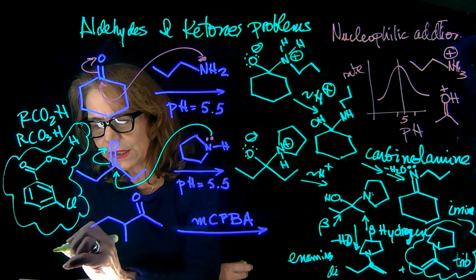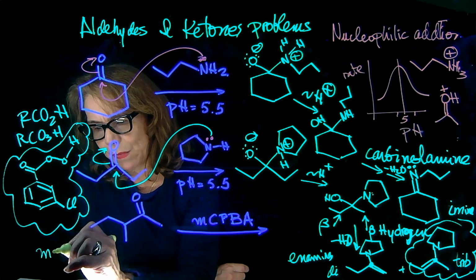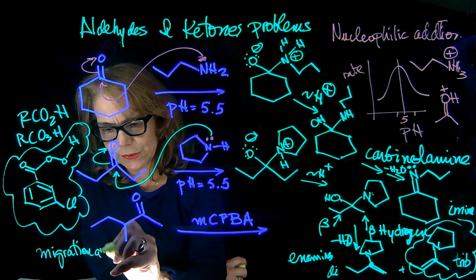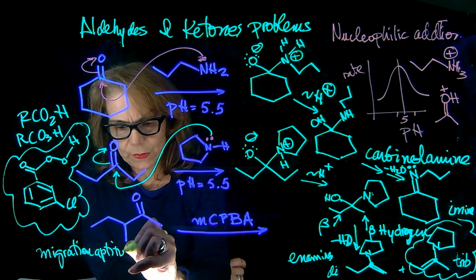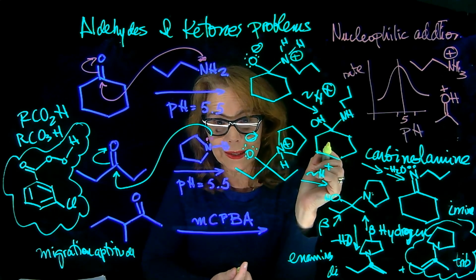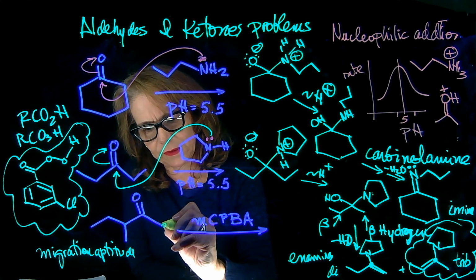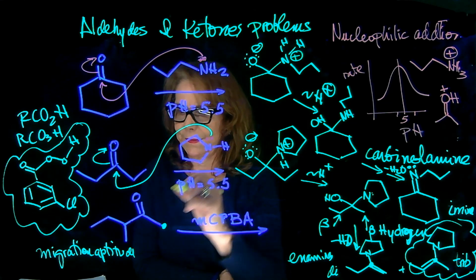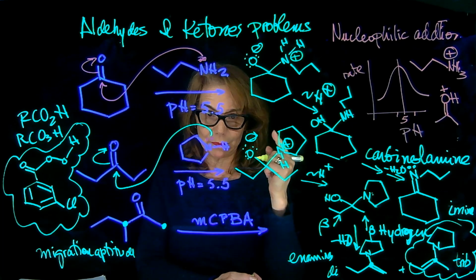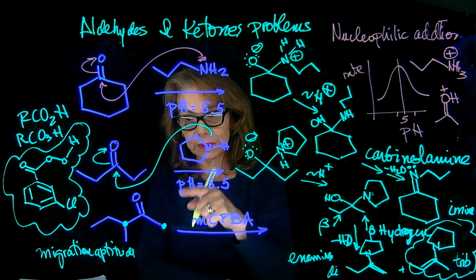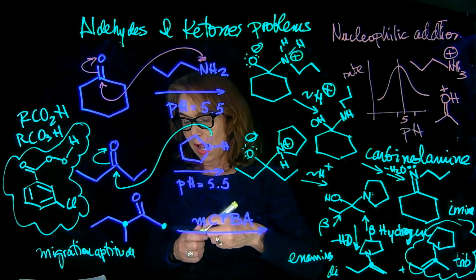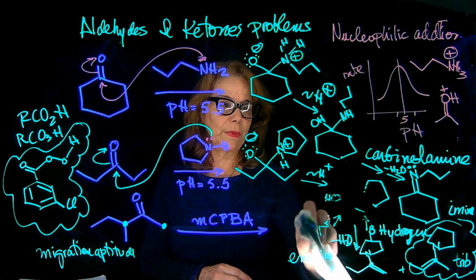So here we need to study what is the migration aptitude of the groups that are on either side here, because this is like a rearrangement. So this is primary, that carbon. This is secondary. So the secondary has better migration aptitude. So you will insert the O to the side of the group that has better migration aptitude.